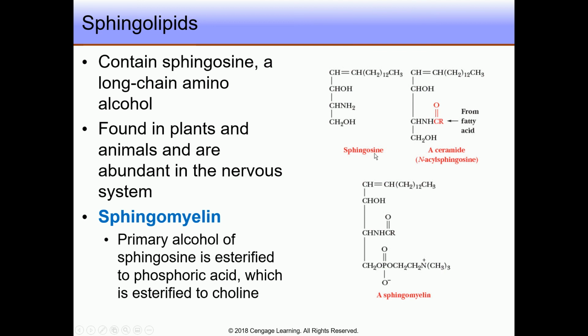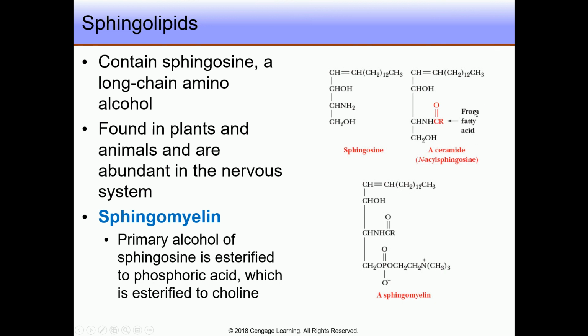Now, there is another lipid called ceramides. Ceramide is basically sphingosine, and in the sphingosine you saw that at the second carbon there is an amino group. To this amino group is attached a fatty acid.